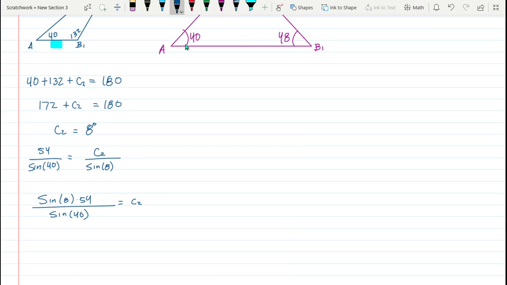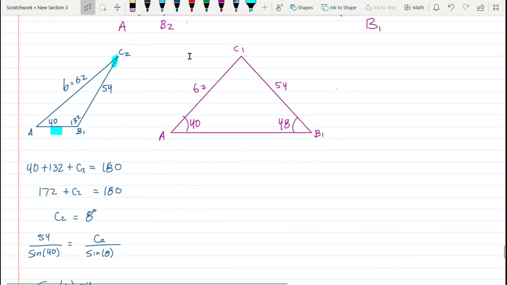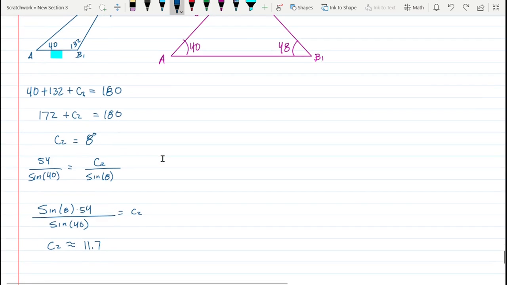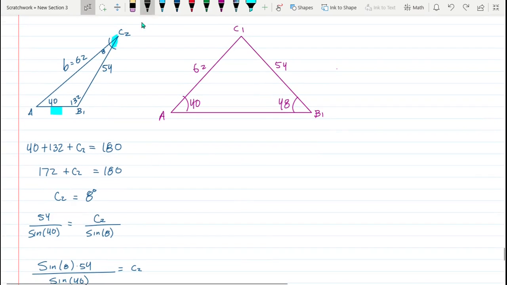Once we plug that into the calculator, we get that C2 is roughly 11.7 units. And that would leave us with everything already for that triangle here, right? It's kind of small. But that's 8 degrees for that angle, 132, 40, and then the missing side length is 11.7 units.